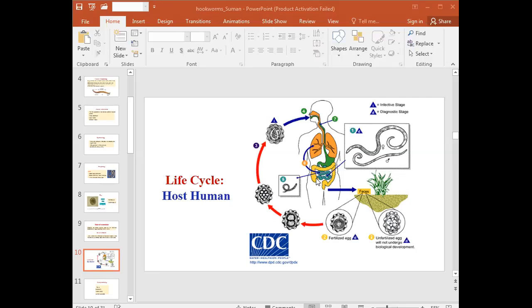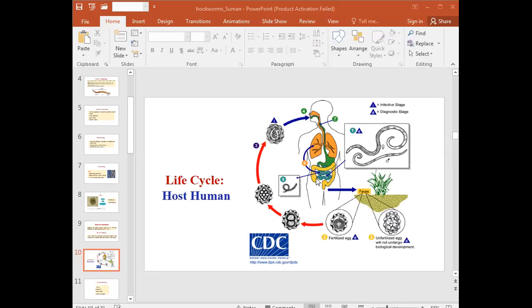So after infected eggs are swallowed, the larvae hatch and invade the intestinal mucosa and are carried via the portal and then systemic circulation to the lungs through the heart. The larvae mature further in the lungs.